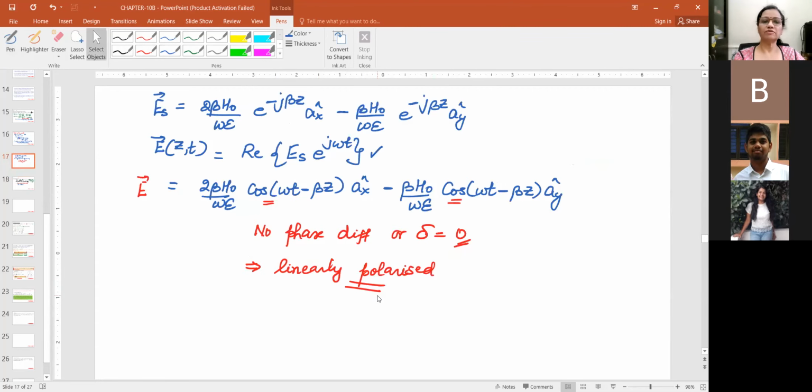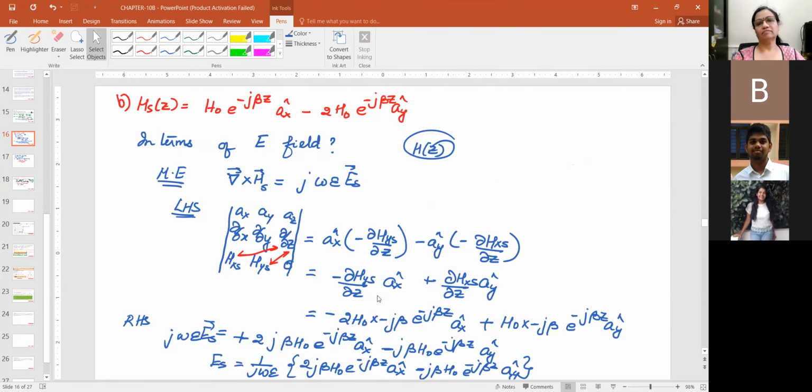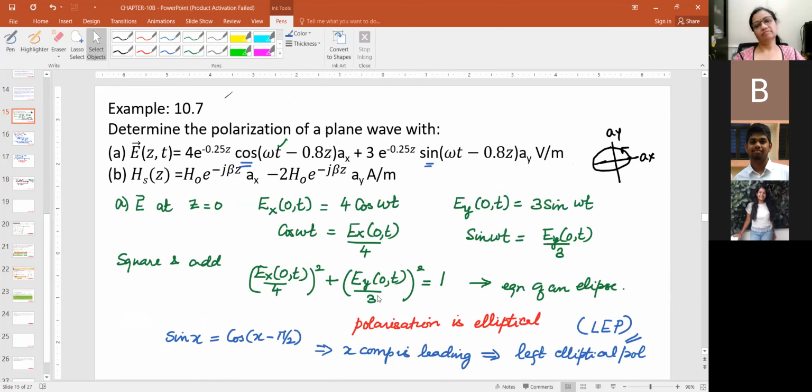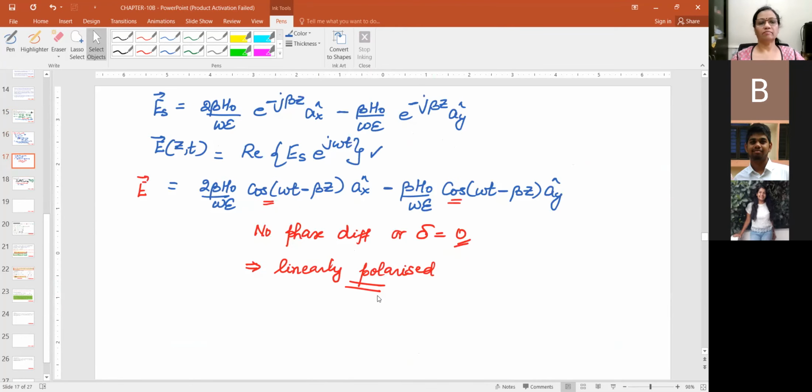I wrote it in the previous thing: sine theta is equal to cos of x minus pi by 2. Use that here.